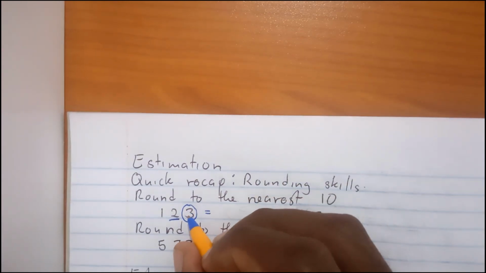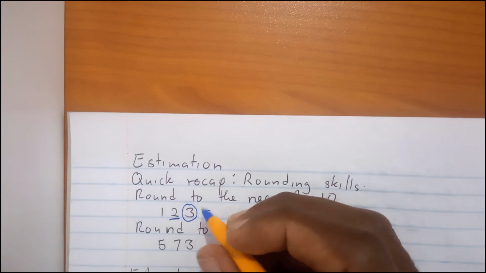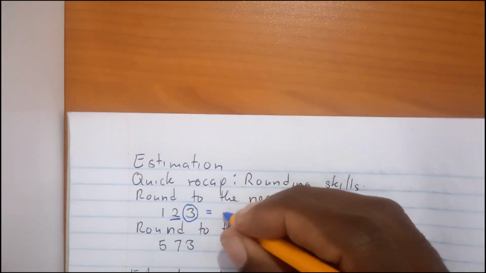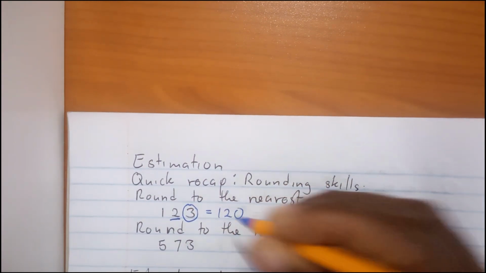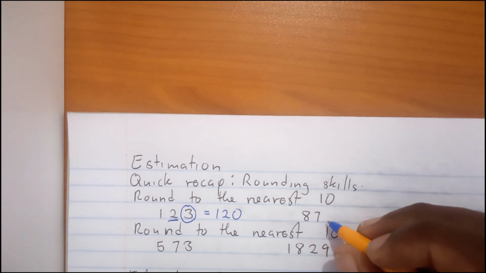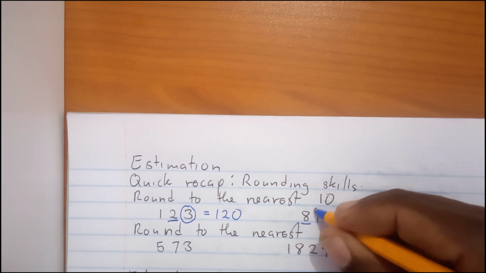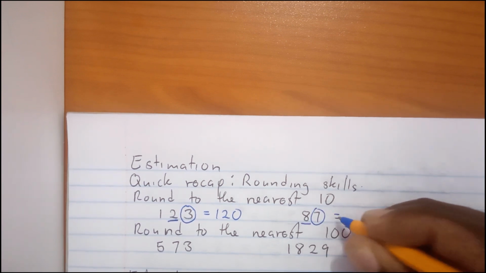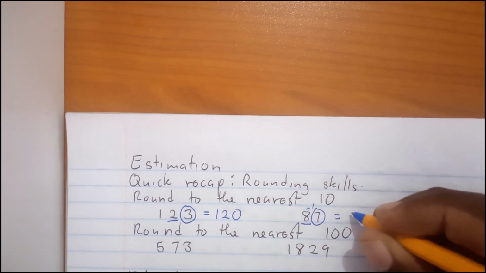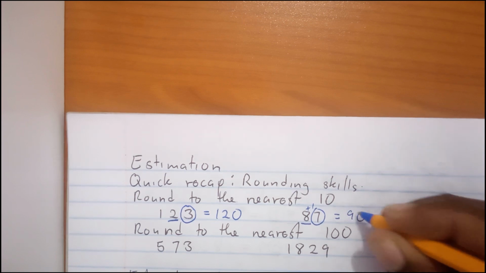Is it greater or less than 5? Less than 5, so the number is 120. Again, to the nearest 10, underline the number, circle the determinant. It's more than 5, so we add 1 and it becomes 90.